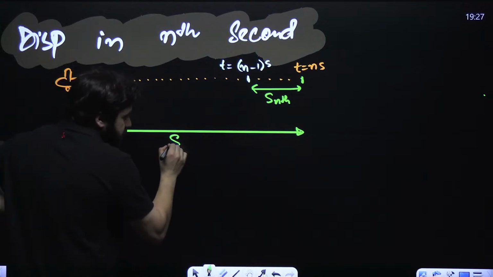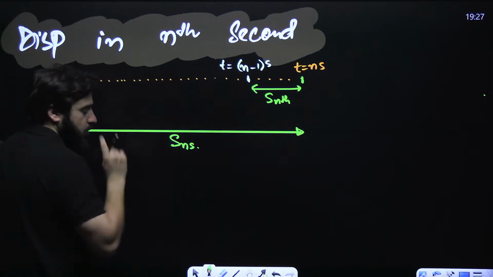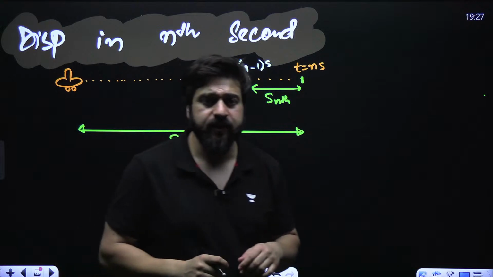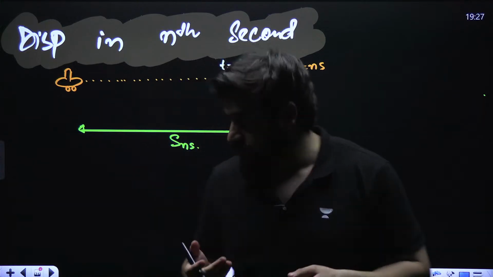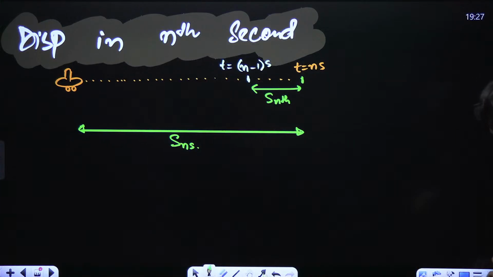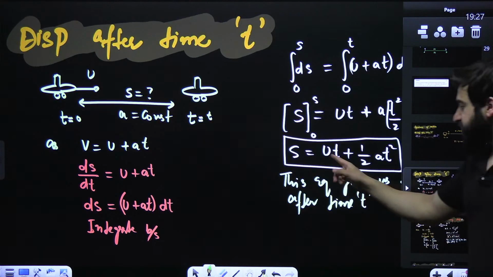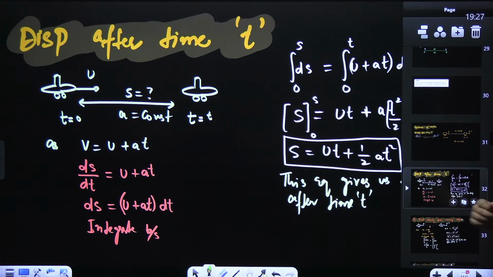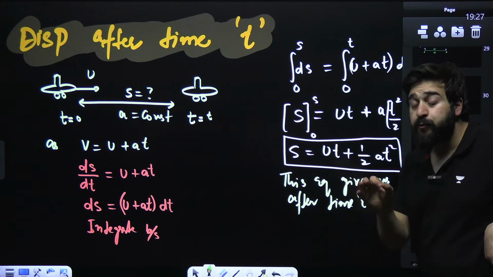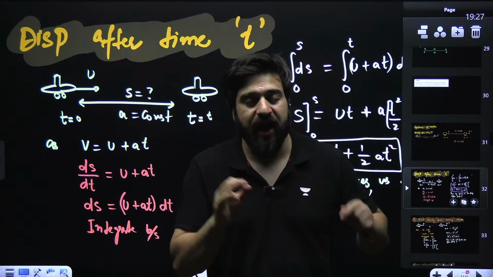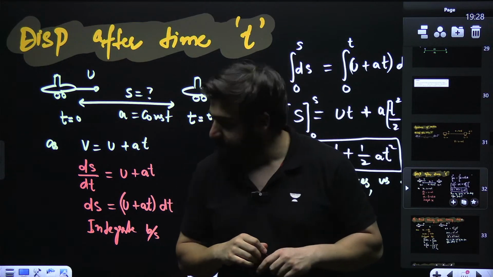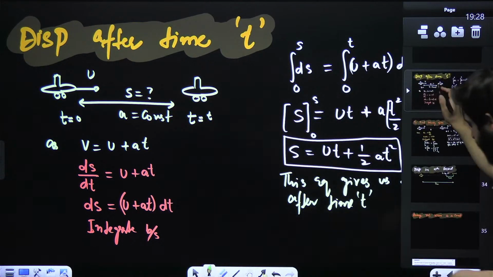How do we find it? With the help of this equation, S is equal to ut plus 1 by 2 at square. Here, instead of t, we will put t is equal to n seconds and we'll get the displacement.